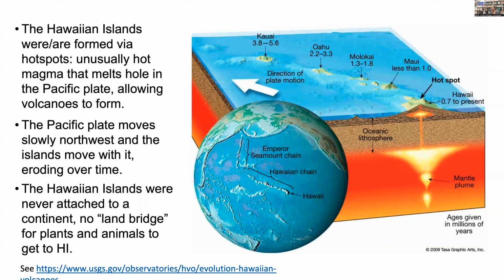We're formed through a hotspot, and that's where superheated lava, or magma at that point, because it hasn't emerged, builds up and there's a hole in the Pacific plate, and then year after year that magma builds up, volcanoes emerge, and we have islands. The islands are conveyed on that plate, though, because plates are moving. They're not just hanging out steady. Our plate is moving up to the north and then up to the west at a very slow rate, about the rate of your fingernails growing, which is kind of cool to think about.